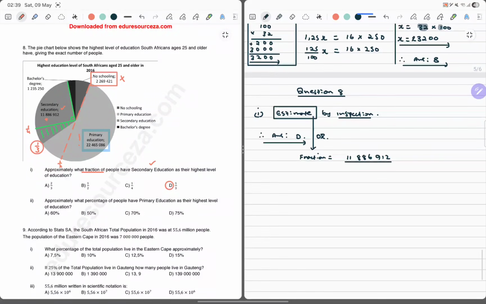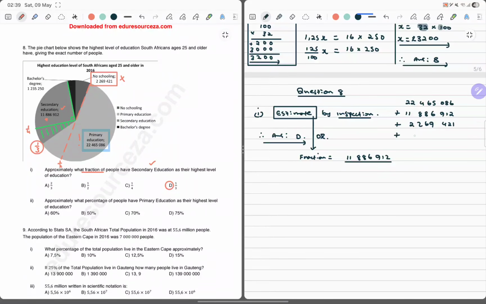Now the total needs us to be skilled in adding numbers. So we've got 22,465,086. We add 11,886,912. We add to that 2,269,421.